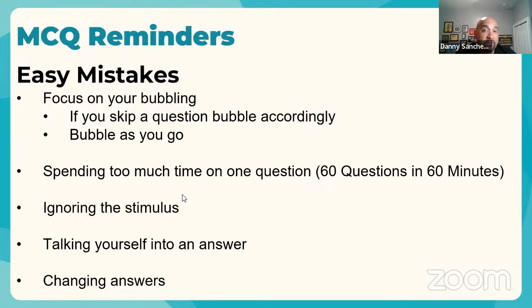If you have to talk yourself into dating somebody, you probably shouldn't be dating them. If you have to talk yourself into an answer, well, under these circumstances, twice a year when the sun's in the right angle, this is the right answer. You've talked yourself into the trap. Go with the best answer.